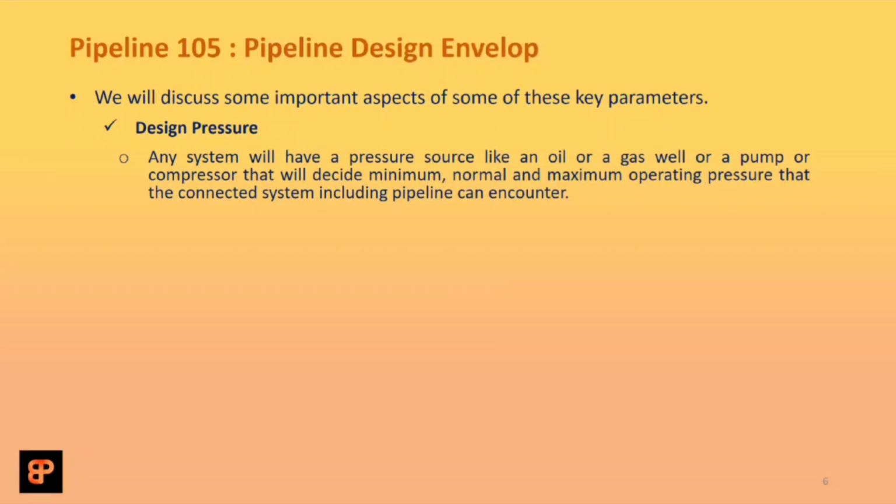All these pressure sources we have seen will decide the minimum, normal and maximum operating pressure that the connected pipeline system can encounter.